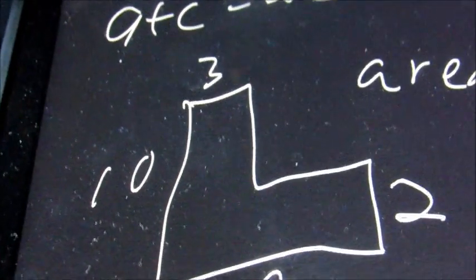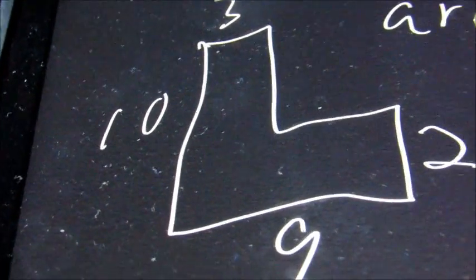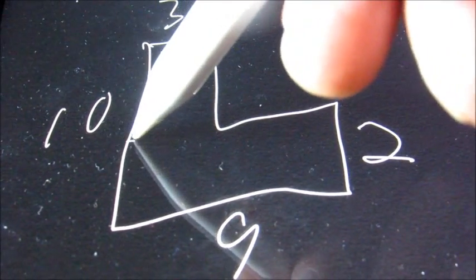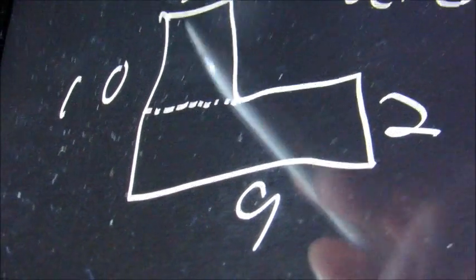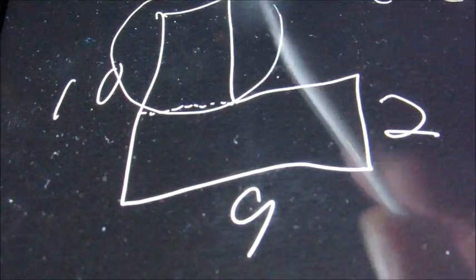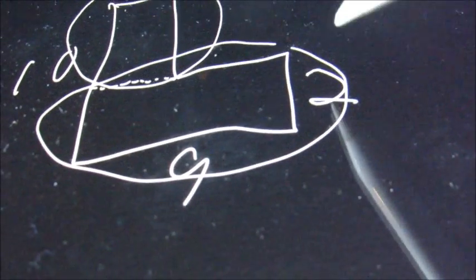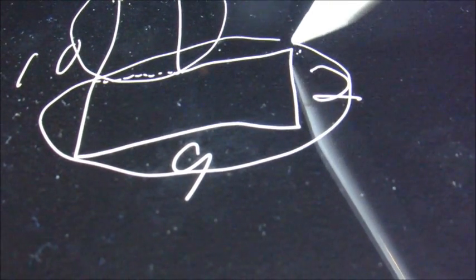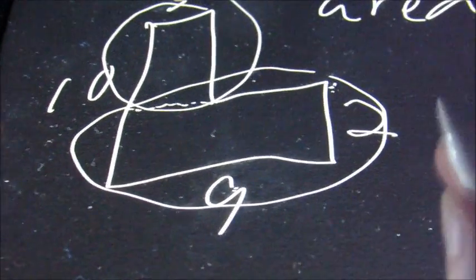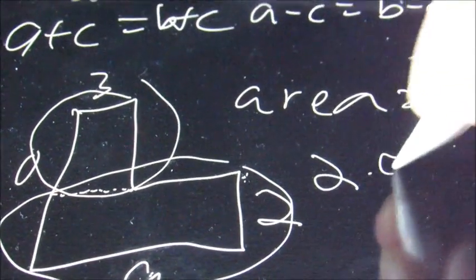So we need to turn this into two rectangles. So I'm going to put a dashed line here. So this is going to be one of our rectangles, and this is going to be one of our rectangles. This first one is easy because the height is 2 and the length is 9. So we know it's going to be 2 times 9.